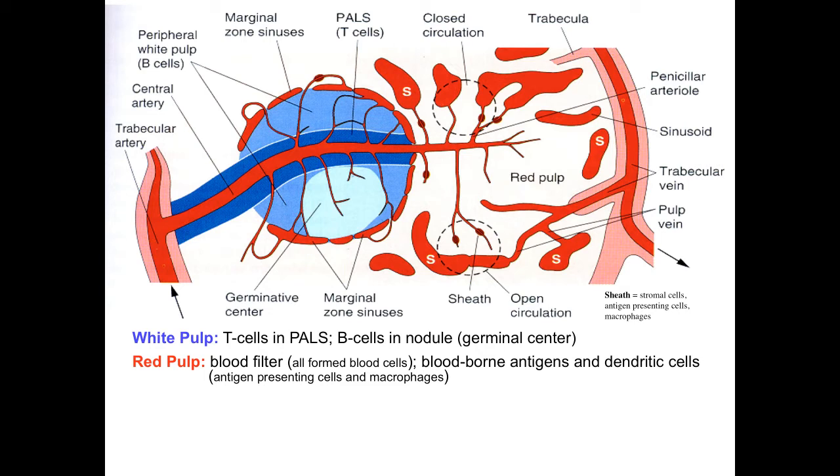If you think about the spleen as a filter for blood, the filtering capacity is as the blood gets out into the open circulation and then has to make its way back into the sinusoids.